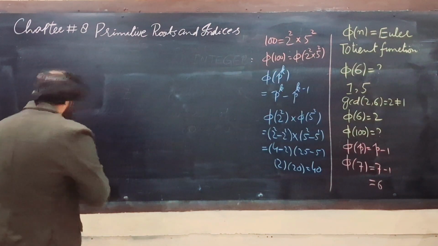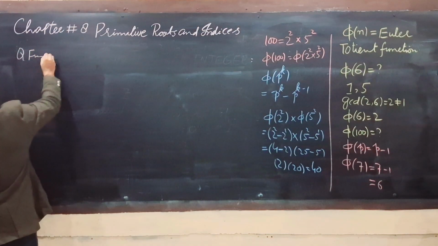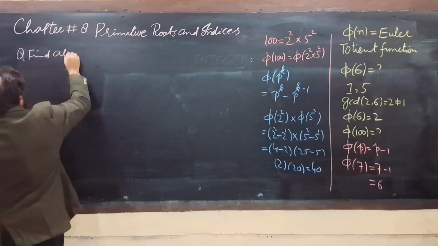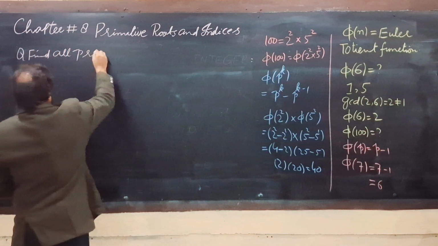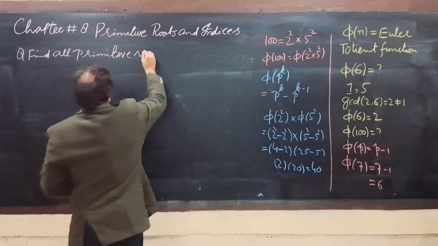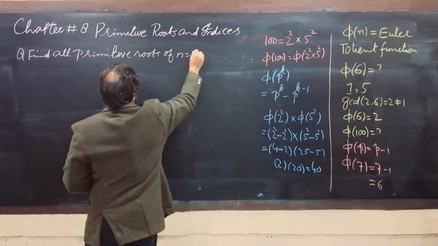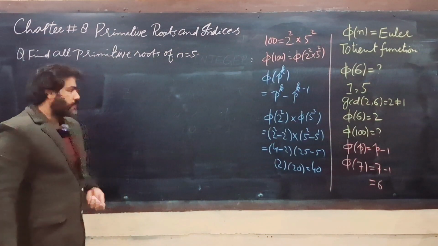Suppose n is equal to 5. My question is: find all primitive roots of n is equal to 5, if they exist.